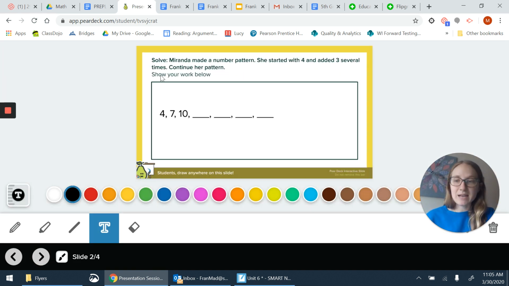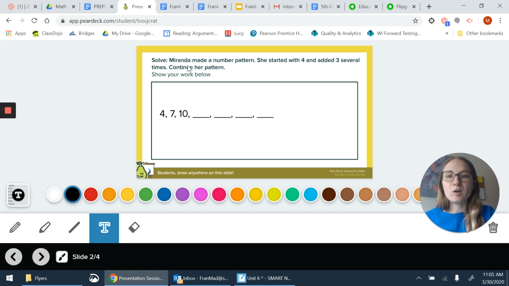The next 3 or 4 slides you might have are the same problems from page 220. If you prefer, you can solve them on paper first and then transfer your work in here. But what we're going to do is have you record your work in Pear Deck instead of taking a picture of your work and posting it in your presentation, because this is just a much clearer way for us to see what you were able to do, okay?